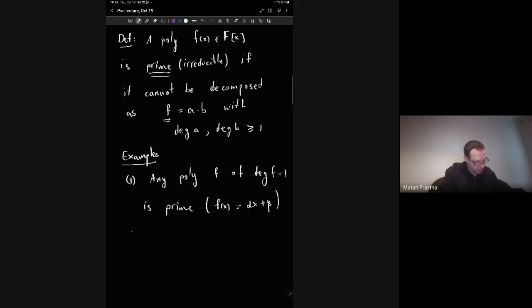Now, we can take F to be the field of three elements, F3. And I claim that this polynomial f(x) equals x squared plus 1 is prime.